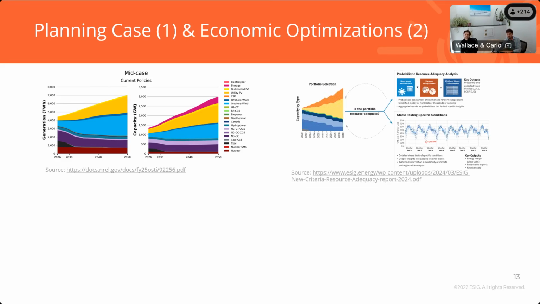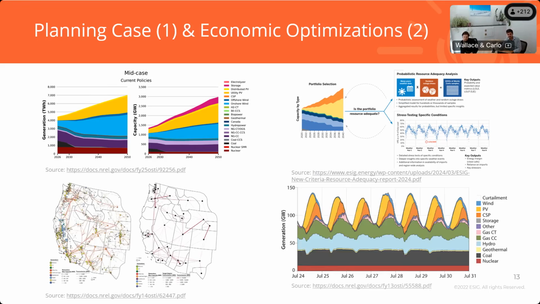Then I'm going to run a resource adequacy assessment to evaluate loss of load expectation, or the ability of the system to meet demand during a wider range of potential operating conditions, considering different weather years and considering different potential generation outage conditions. Then I'm going to disaggregate this into a production cost model to evaluate the operation of the system for every hour and potentially for sub-hourly time steps throughout every year that I am planning for.